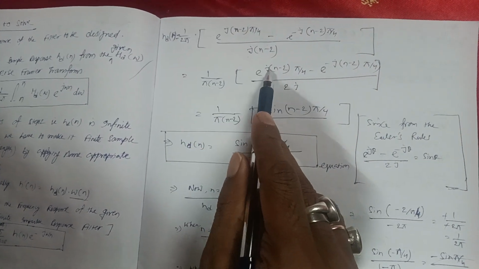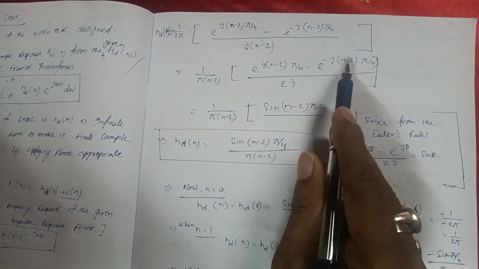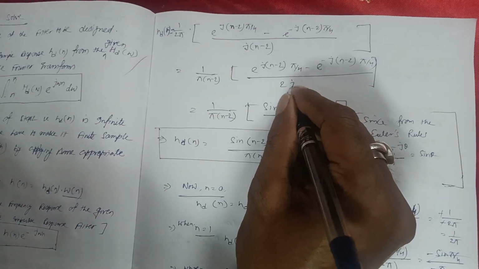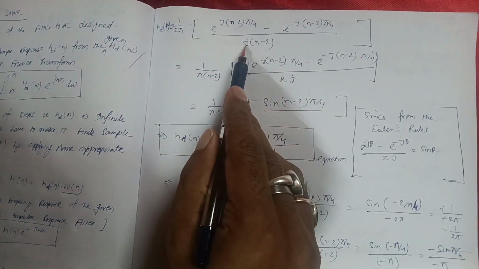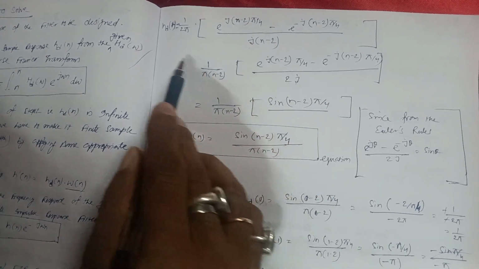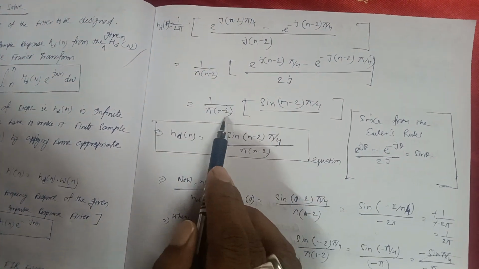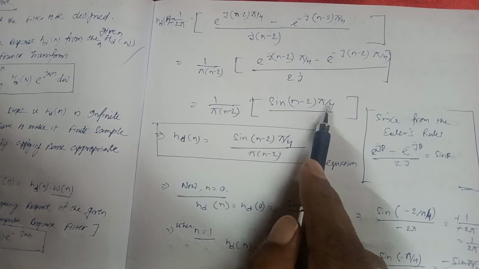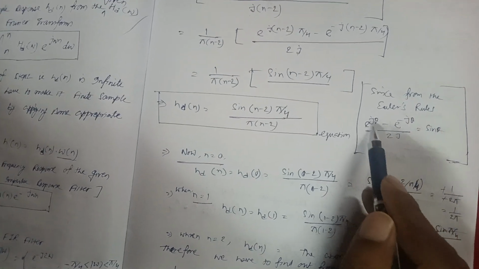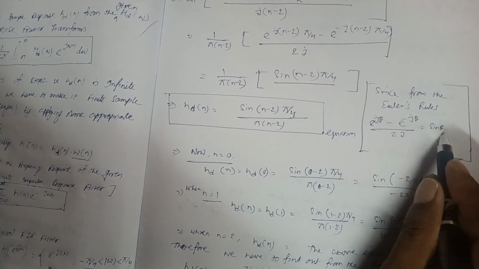Upon simplifying, we get 1 by pi into n minus 2, times e to the power j n minus 2 into pi by 4 minus e to the power minus j n minus 2 into pi by 4, by 2j, because we kept this j here and took n minus 2 outside the bracket. So 1 by pi into n minus 2 into sine of n minus 2 into pi by 4, because from Euler's rule we know that e to the power j theta minus e to the power minus j theta by 2j equals sine theta.